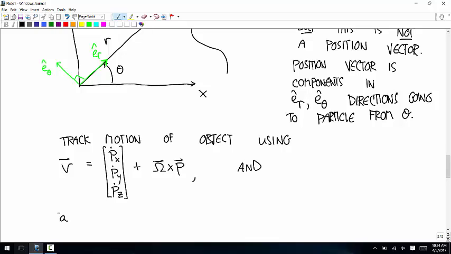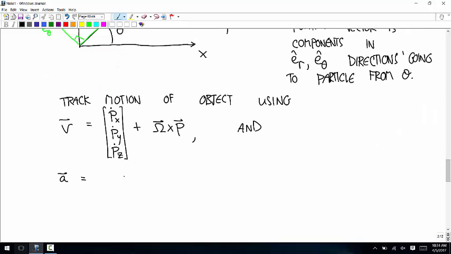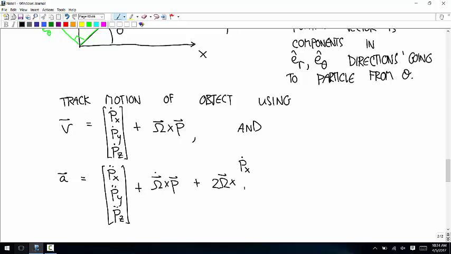And that the acceleration is equal to the second time derivatives of the position components plus omega dot crossed with the position vector plus 2 omega crossed with the components dot, plus omega cross quantity omega cross p.